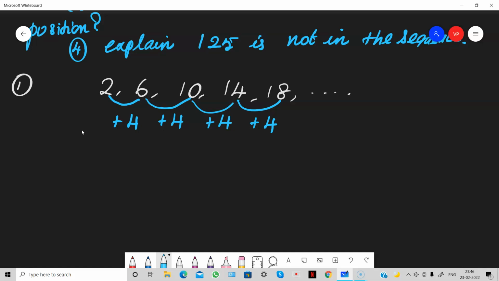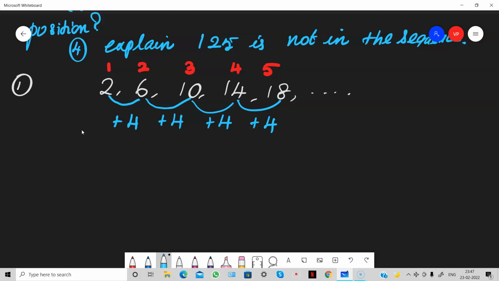So now we can find the nth term. What is the position of the terms? This is first position, second position, third, fourth and fifth, and so on.